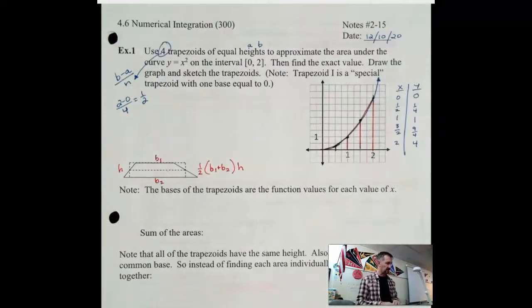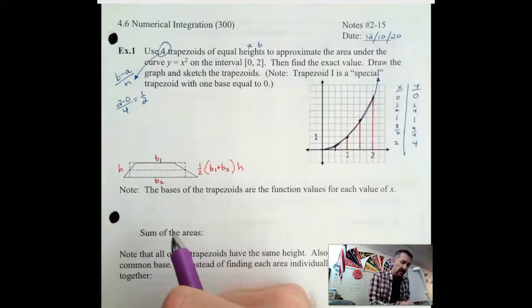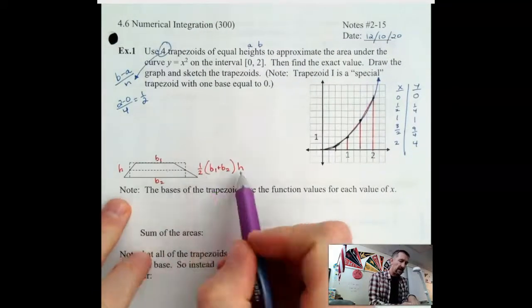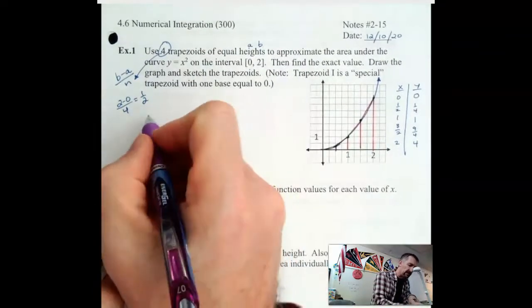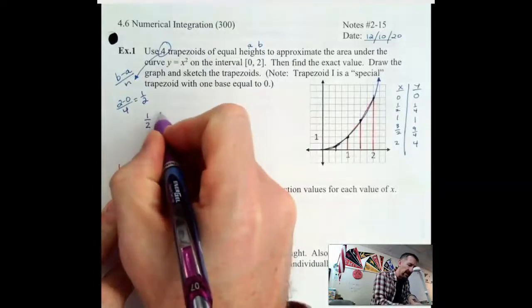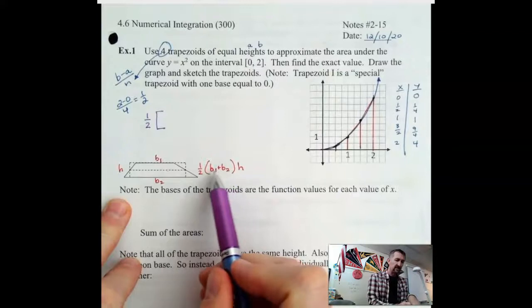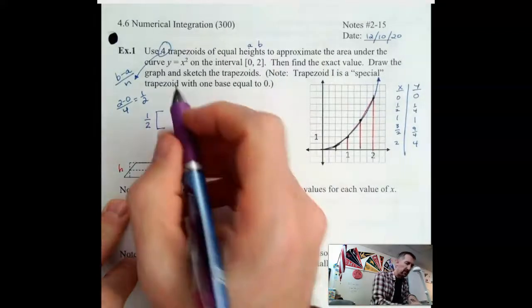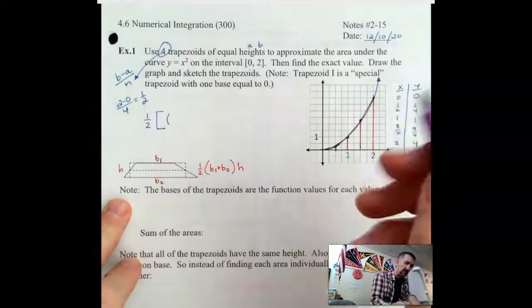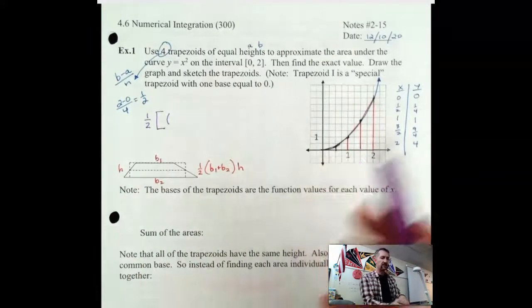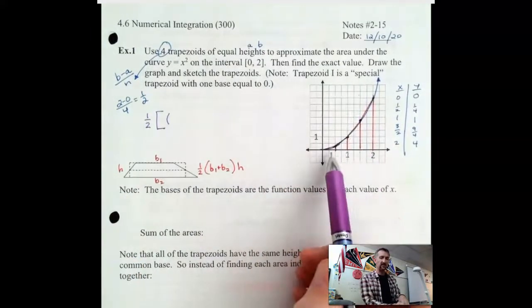Okay, so the average of the bases. There are 4 trapezoids there, and they're all going to have that 1/2 in them. So the rest of it is just adding the two bases together and multiplying by the height. This first trapezoid is a special trapezoid. It's actually a triangle.